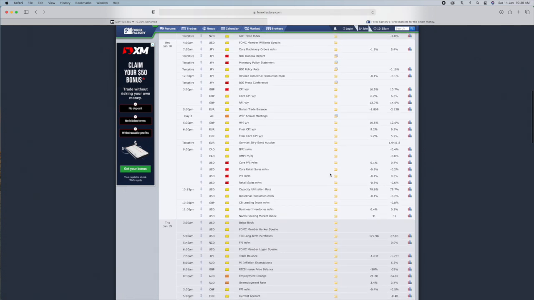And then on Wednesday, the BOJ outlook report and monetary policy statement. We might get some surprise here. We saw some strength on GBP yen pairs, so yen became a bit stronger.